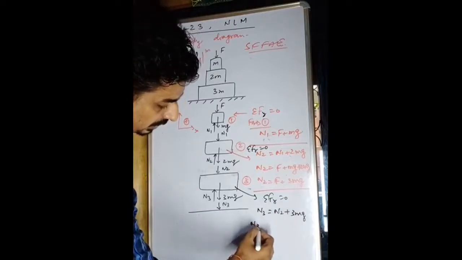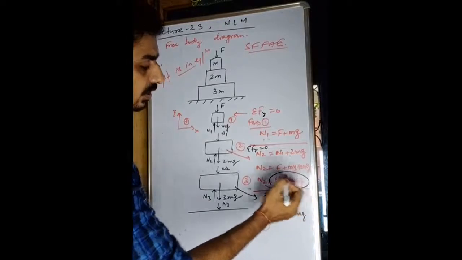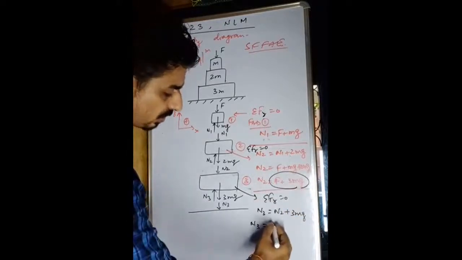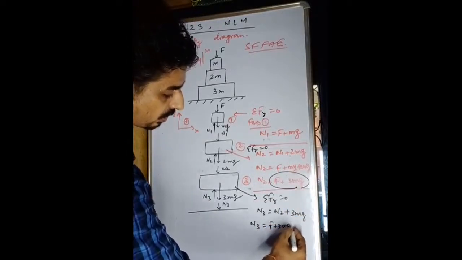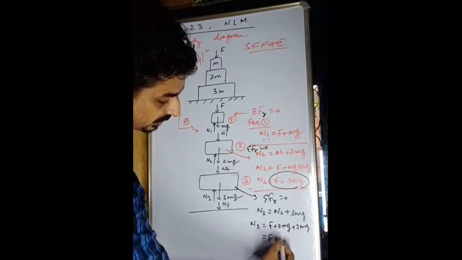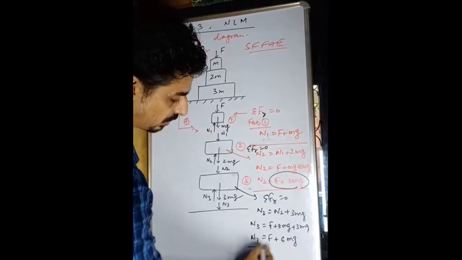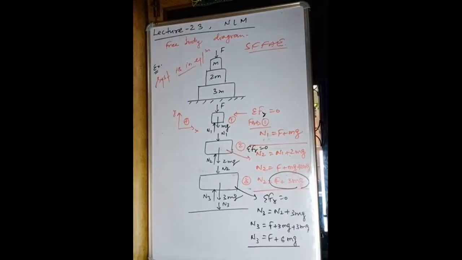So N3 equals N2, and we can put the value F plus 3 mg, already. So we have F plus 6 mg. This is N3.